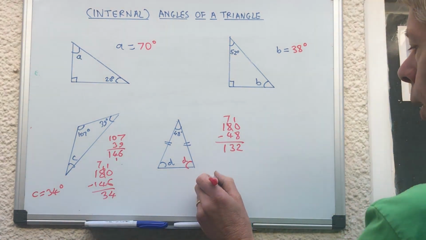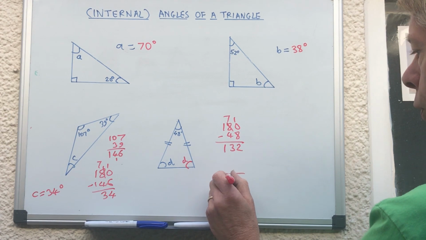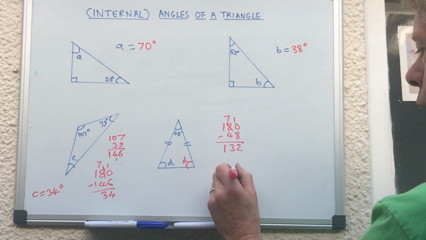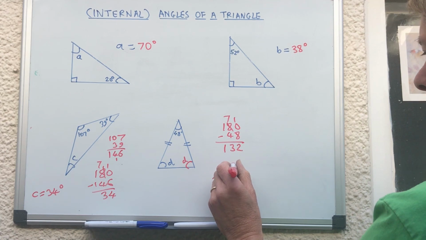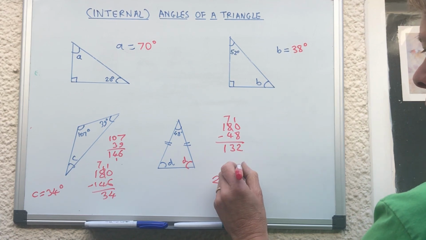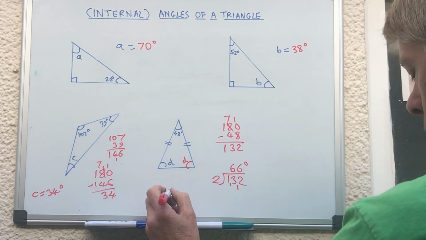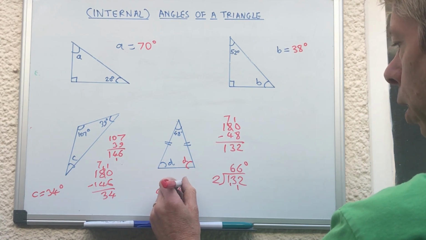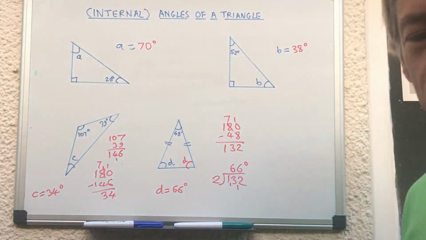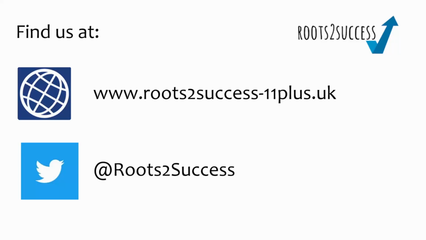So to work out D, we're going to do how many 2's in 132. So that's going to be 2's into 13 will be 6, remainder 1, so 66. So D equals 66 degrees. Okay, well done if you got all of those right.